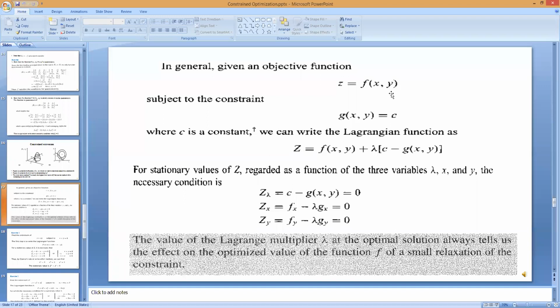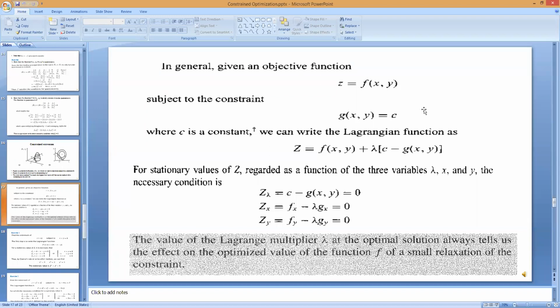The constraint is also defined in terms of two variables x and y, equal to c, a constant value. This objective function can be rewritten accommodating the constraint using a Lagrange multiplier. The new form of objective function is called the Lagrangian function. It will be a linear combination of the original objective function and the constraint.